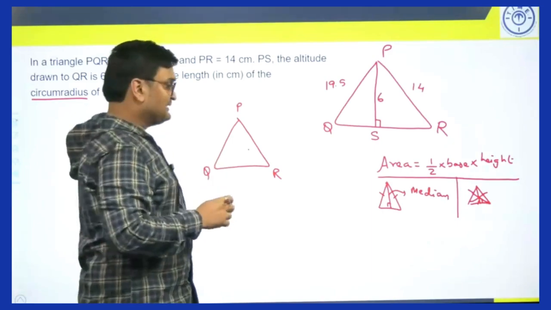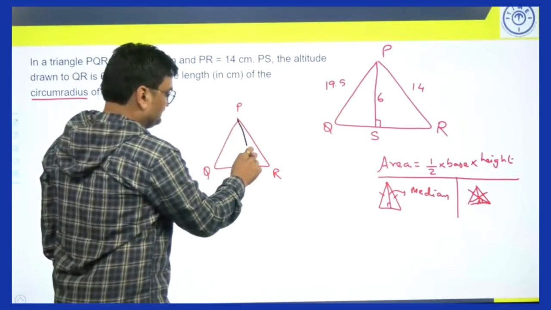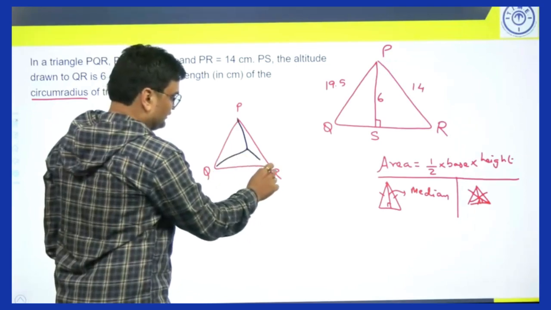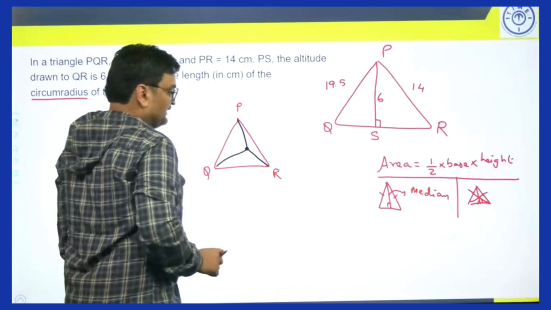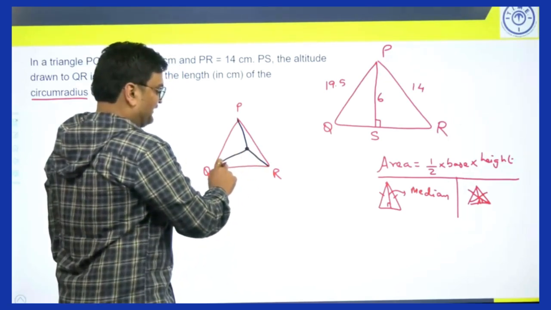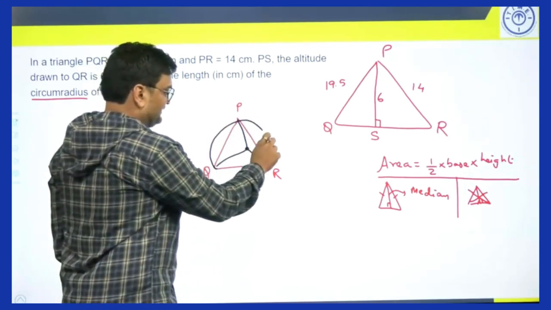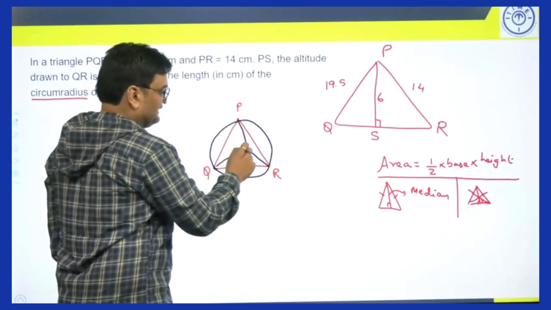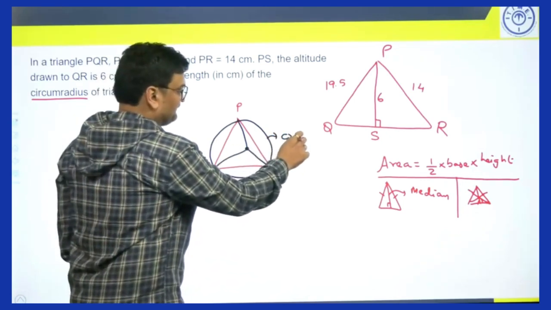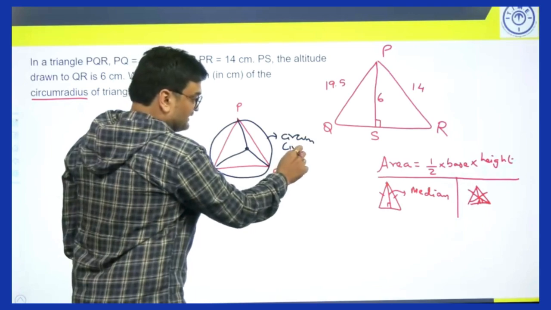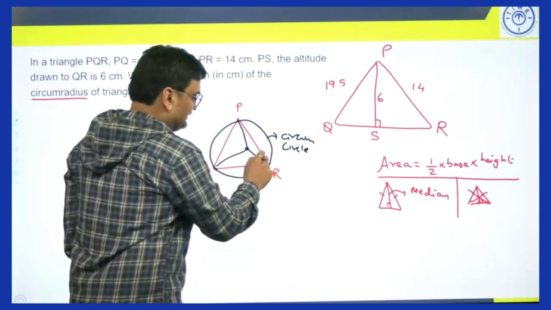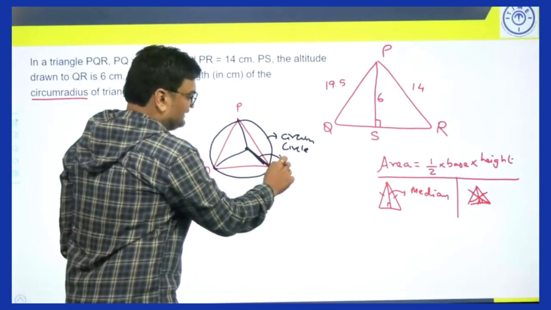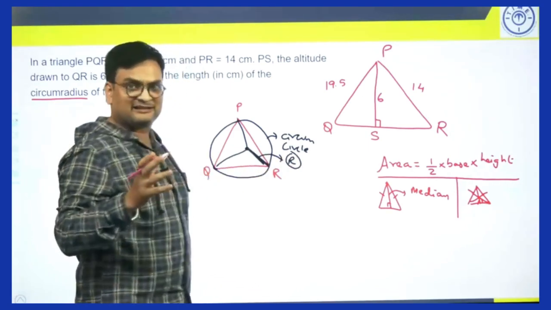This point is equidistant from P, Q and R. With this point as the center and radius as one of these distances, if I draw a circle, I will get a circle which passes through the three vertices. This is called a circumcircle, and the radius of the circumcircle is called the circumradius, which we represent by capital R.